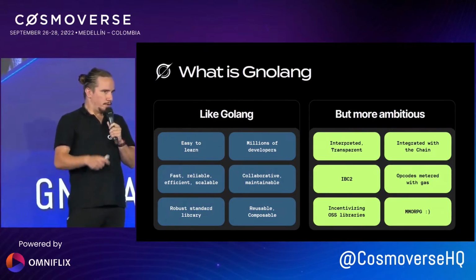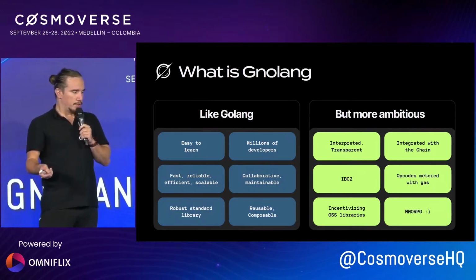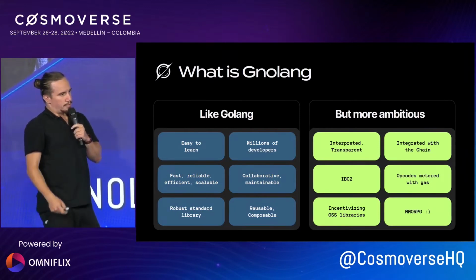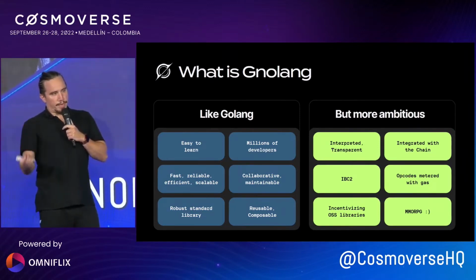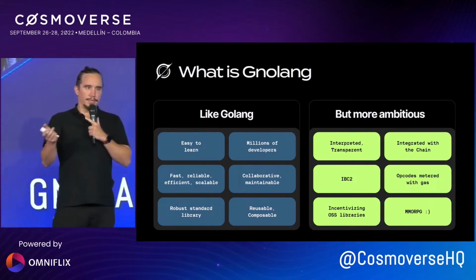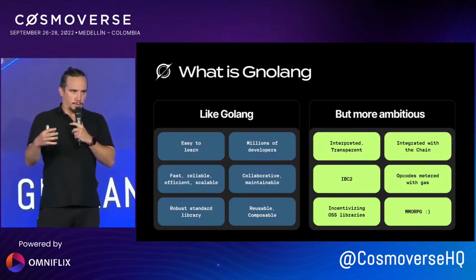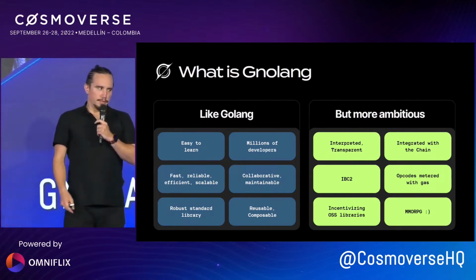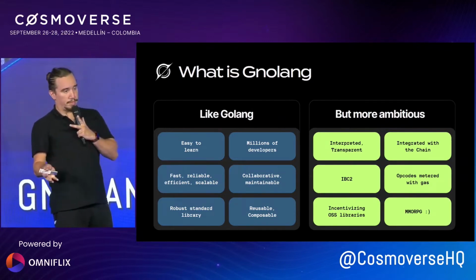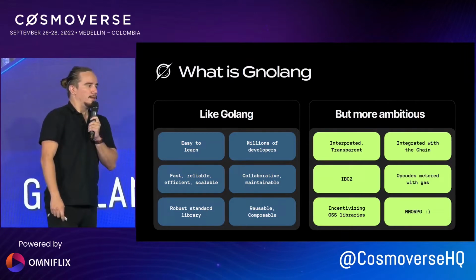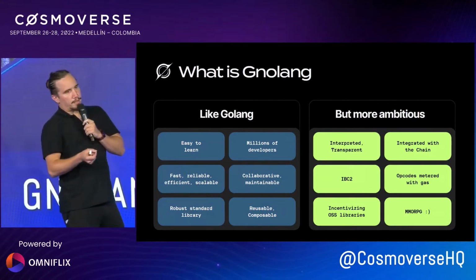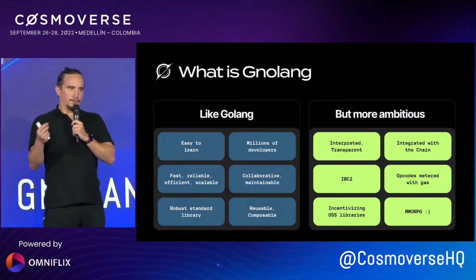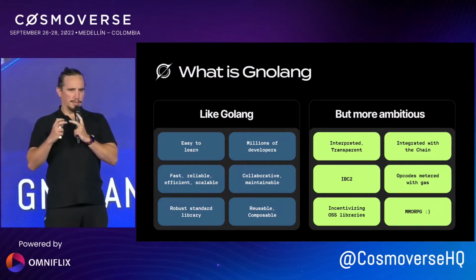We consider that we are more ambitious than Golang, so we extend it in some ways. One of them is because we are not compiling a program and running the code in a different phase, but we interpret the code. So basically, the transparency is enforced by the chain itself. It's integrated in the chain, so we made a smart contract language that is not sandboxed too much.